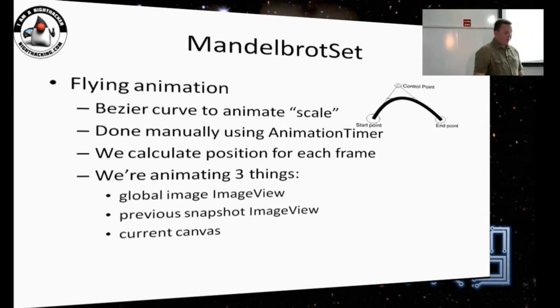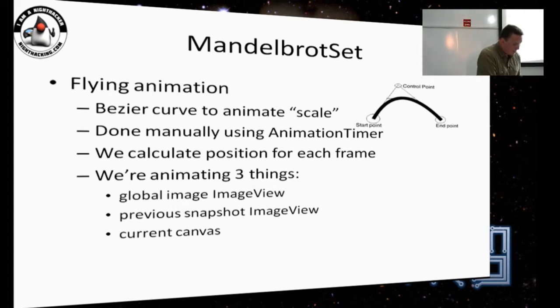It is done manually. In JavaFX, we have a big set of simple animations, or extended animations that are good when you animate something on a 2D surface or in 3D, but it is really hard to apply the same stuff to this particular case.